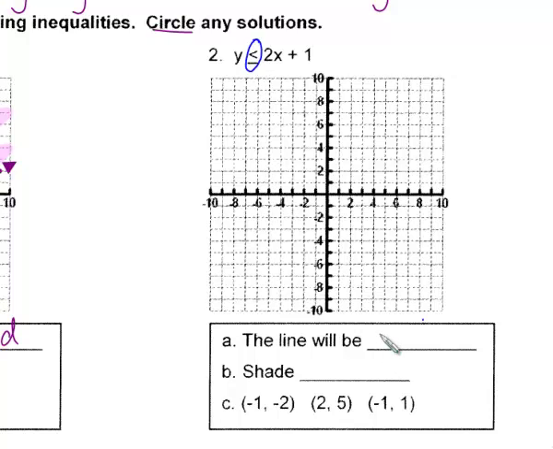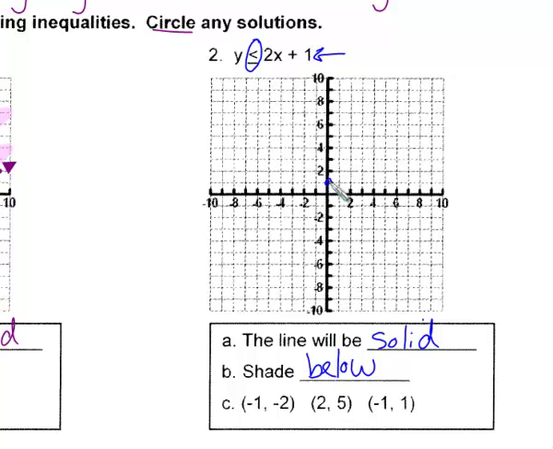We can see that the line will be solid. Okay. Also, we know it says y is less than or equal to, so we know we are going to shade where the y's are less, which is below. Okay, so let's go ahead and graph this line. I know that my y-intercept is +1.